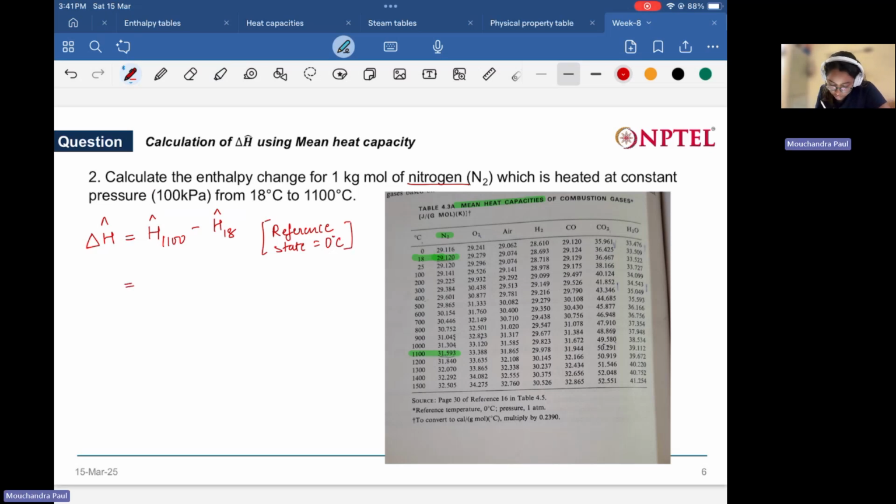The enthalpy at 1100 degrees Celsius would be this Cp value, 31.593, into change in temperature, 1100 minus 0, minus Cp at 18 degrees Celsius, which is 29.12, here 18 minus 0 degrees Celsius with respect to the reference state. So it's easy. You have to calculate, multiply with this one, multiply with this one.